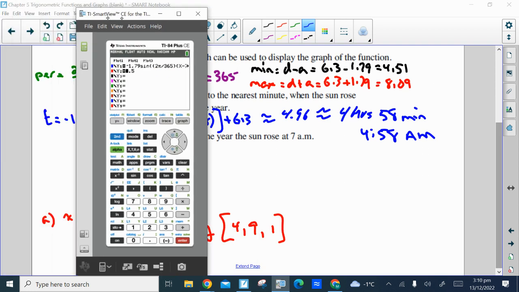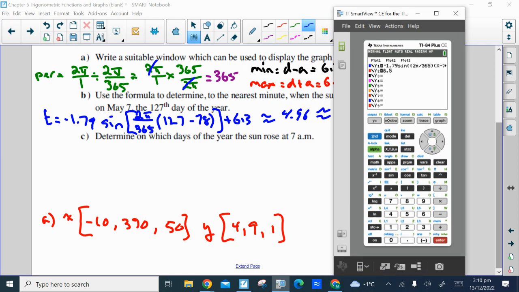So our windows, we have them down below there. We're going from negative 10 up to positive 370, and a scale of 50 on the x-axis. For y, we went from 4 up to 9, and a scale of 1. And I need to put a second equation in there, y equals 7.